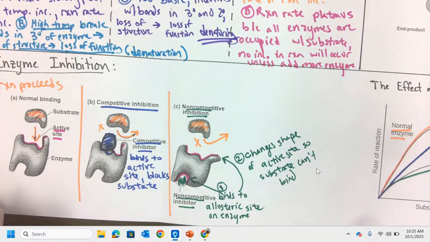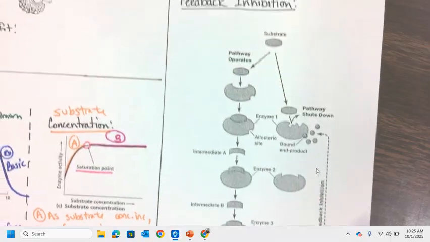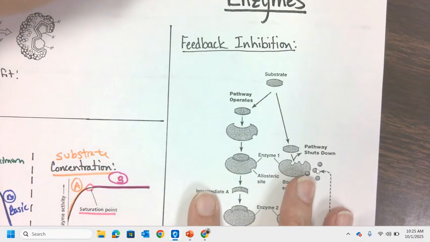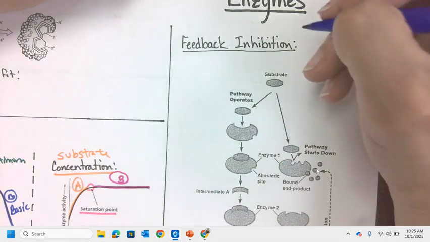considered a poison. The last example I want to talk about is this idea of feedback inhibition. Feedback inhibition is a way to control the amount of product made in a metabolic pathway.